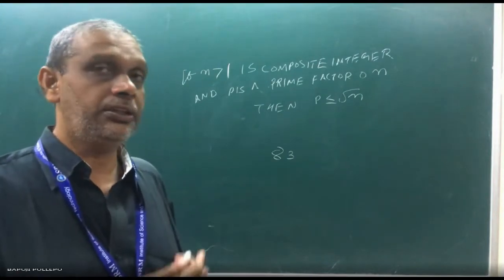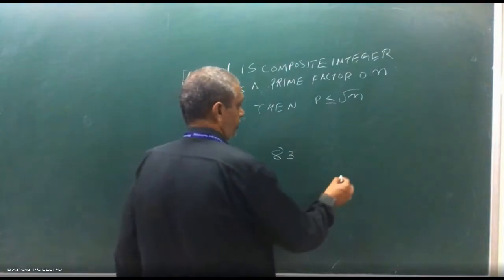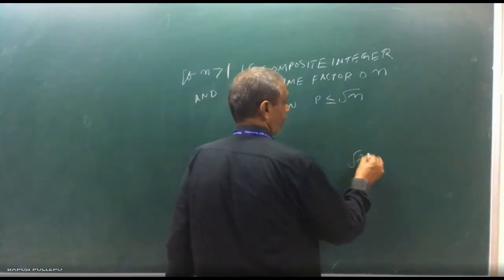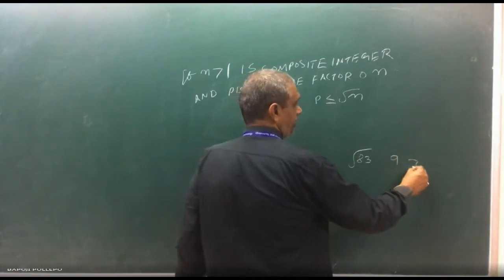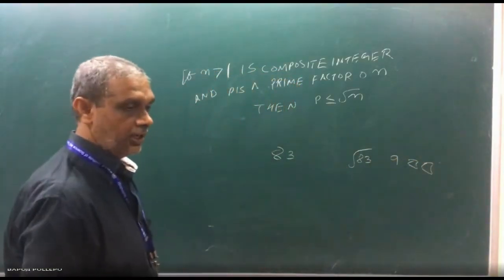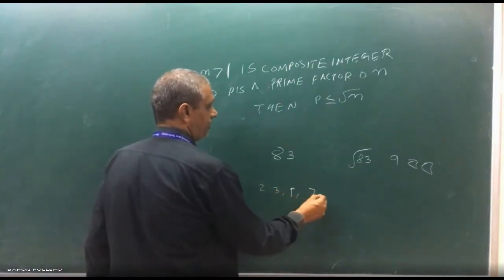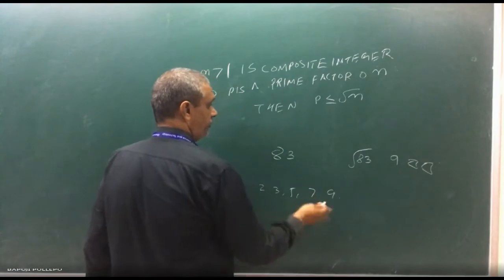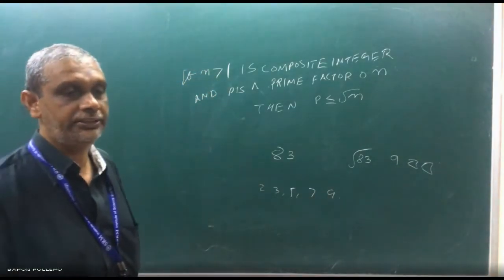Suppose I want to check the numbers before root 83. You may get 9 point something. Before this 9, the candidates are 2, 3, 5, 7, 9. All of them should be less than or equal to root 83.